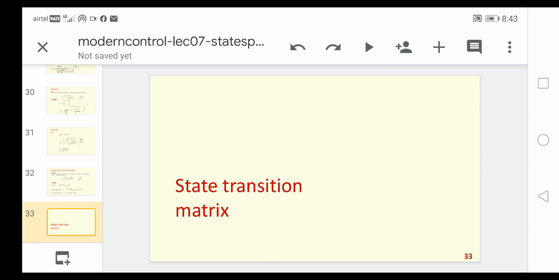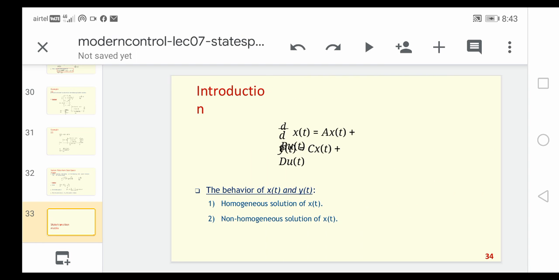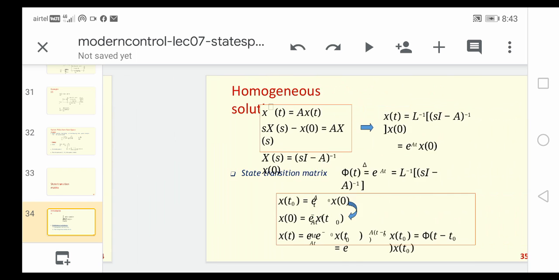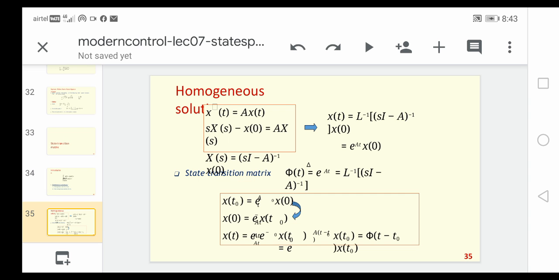And the last one is the state transition matrix. How do you find the state transition matrix? Again, we find it from the state equations only. Already we know the state equations, and the homogeneous solution and the heterogeneous solution both will be there, but we are going to go with only the homogeneous solution. For the homogeneous solution we need to consider x dot of t is equal to A x of t.